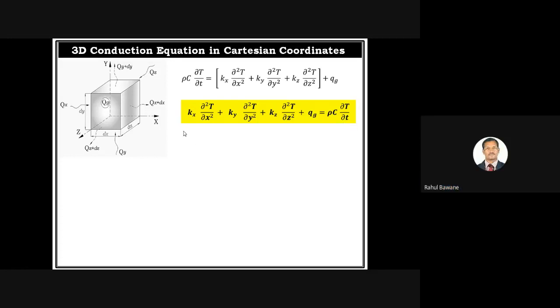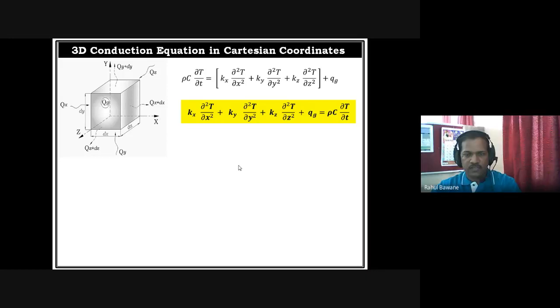Also, a second factor: we consider that in x direction, y direction and z direction, thermal conductivities are different. In a previous video, I mentioned that wood, in a vertical cross section, has a fibrous structure, and horizontally if we cut, we saw there are layers.